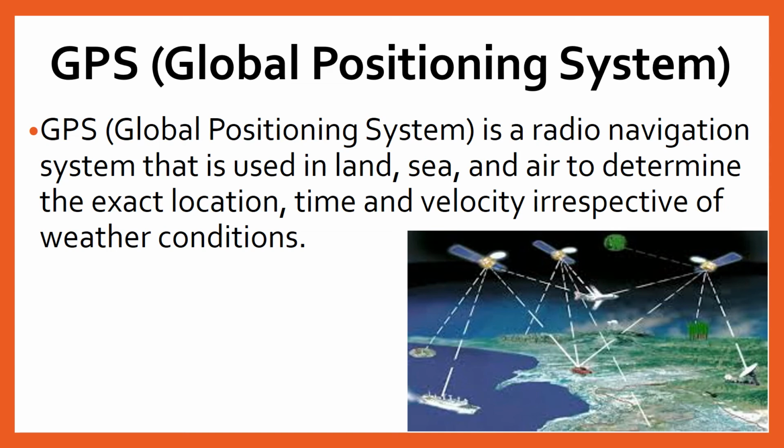The Global Positioning System is a radio navigation system that is used in land, sea, and air to determine the exact location, time, and velocity irrespective of weather conditions. You can easily find GPS system in your car, your smartphone, and your watch.